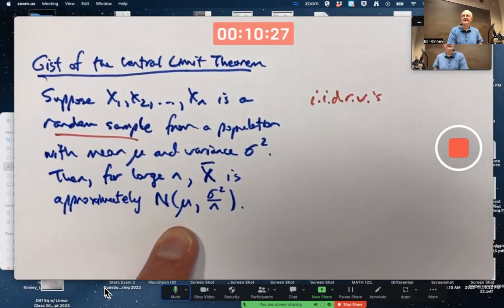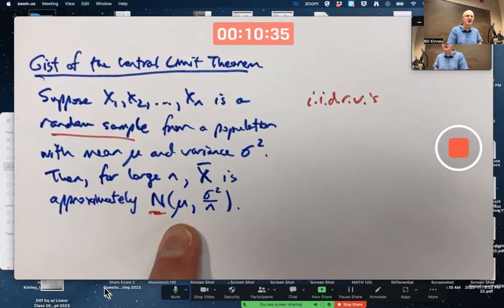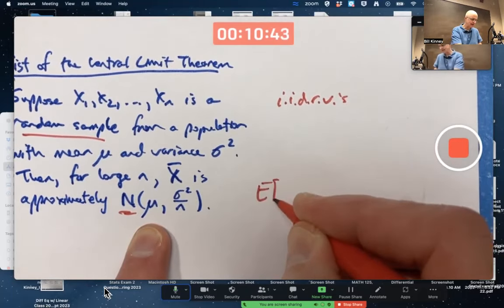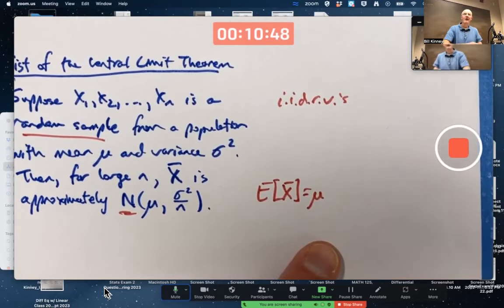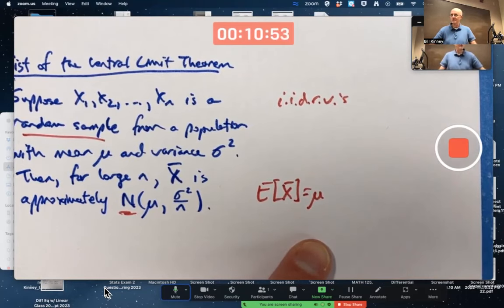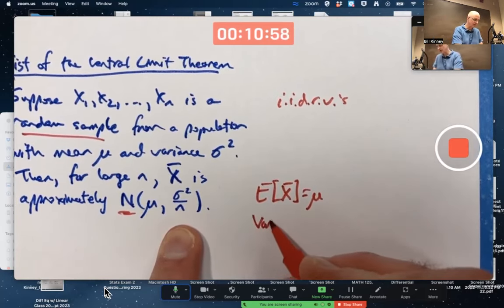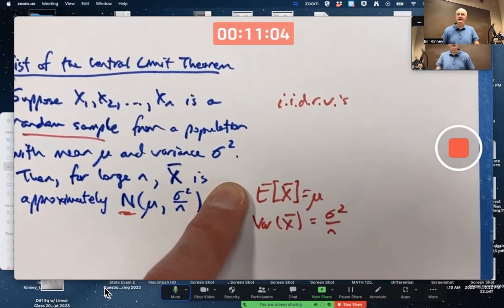Really, the only thing significantly new here is the normality. The fact that the mean is mu, we already knew was true from the fact that X bar is unbiased. The mean of X bar is mu. The mean of the mean is the mean. We already knew that before the central limit theorem. That's fairly easy to prove. And in fact, the variance being sigma squared over n is also fairly easy to prove. You prove this one using properties of expected value.